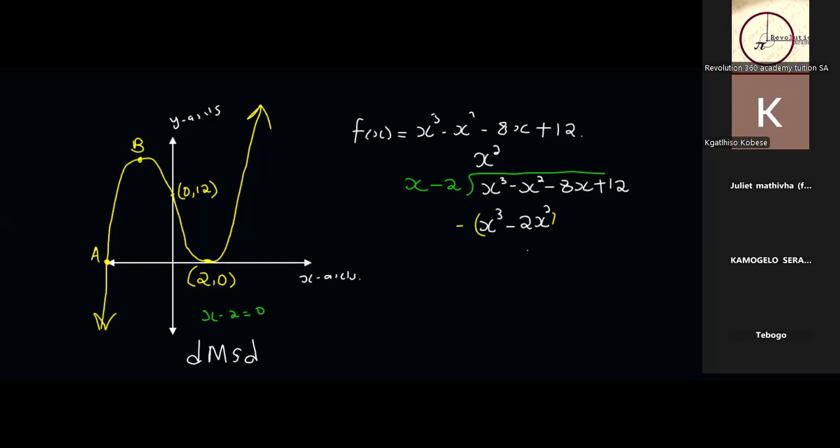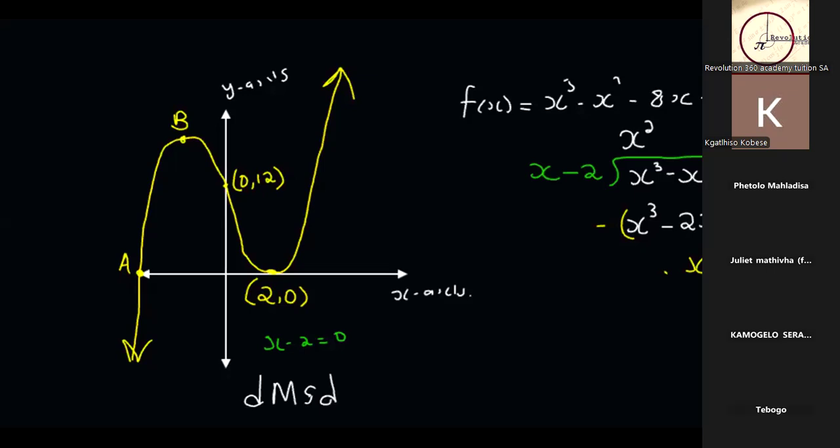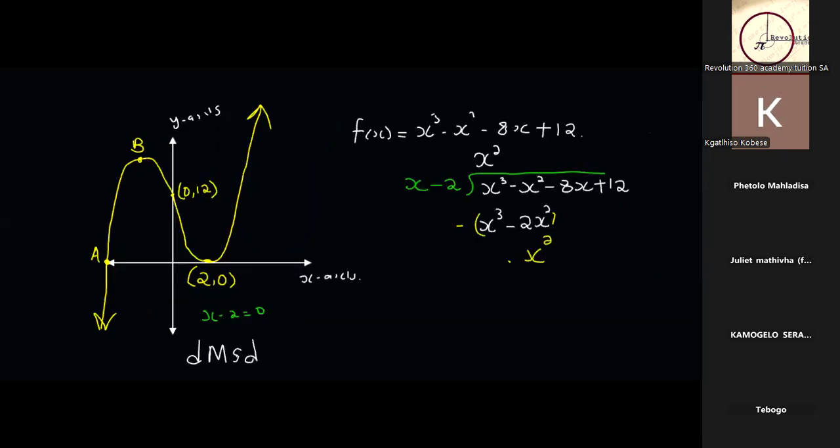Because remember here, let me show you. Sorry for that, I was just adding some few people. So coming back here, negative times negative should be positive. And then minus 1 plus 2 is 1. So it's 1x squared. So you're going to write x squared after subtracting. Then you're dropping. So when you're dropping, you're taking the negative 8x and dropping it here. So that will be minus 8x.